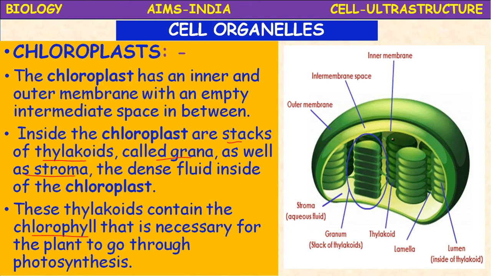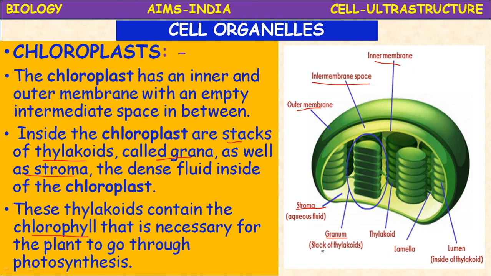See the structure here. It is made up of two membranes, inner membrane and outer membrane, and there is a space called the intermembrane space, and inside the inner membrane, the chloroplast consists of two regions, stroma and grana.